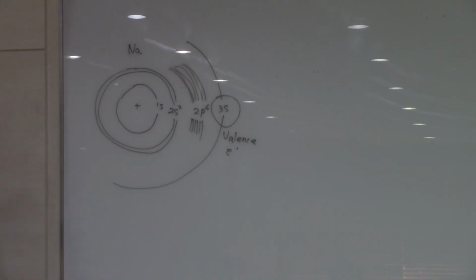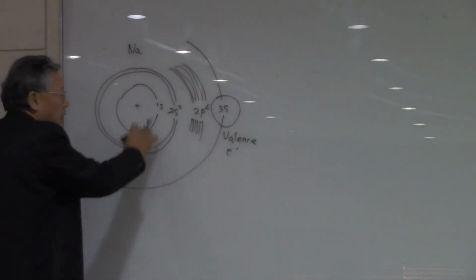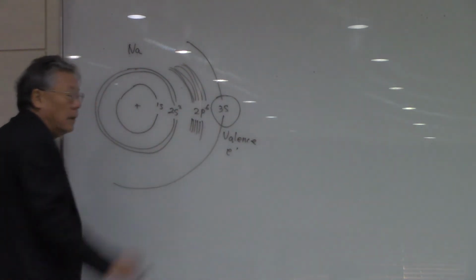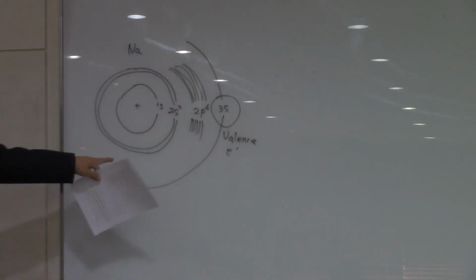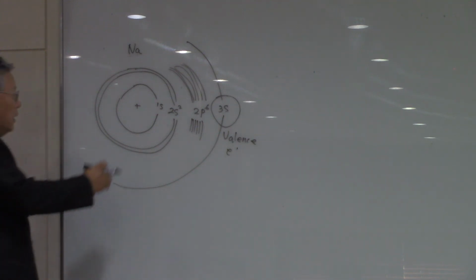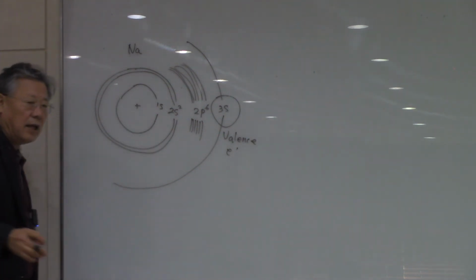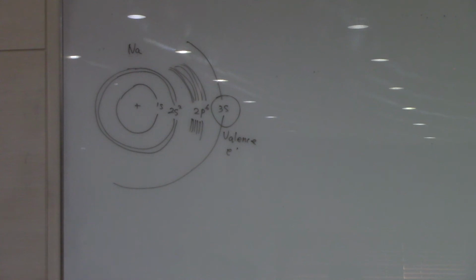So when the sodium atom is isolated, just sitting there, the electrons all have different energies, and each electron has different four quantum numbers that we have discussed, right?